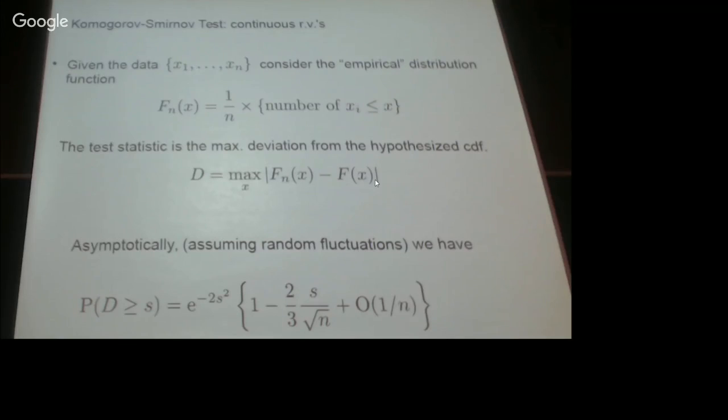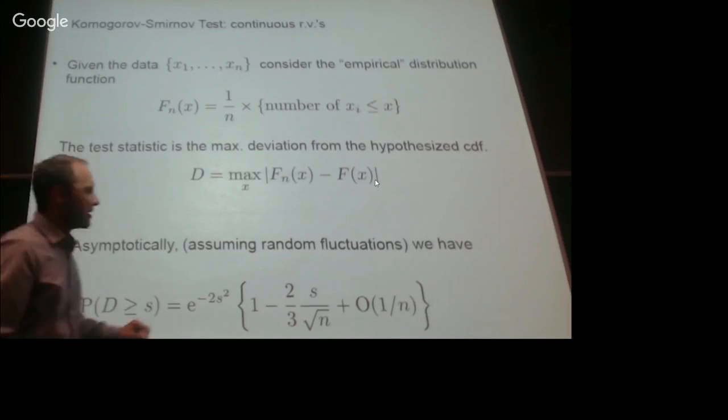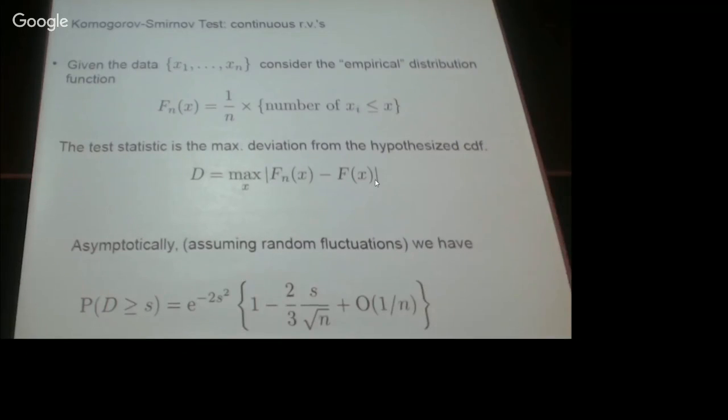So you only have to test this guy only at x1 through xn. So what would you calculate there?